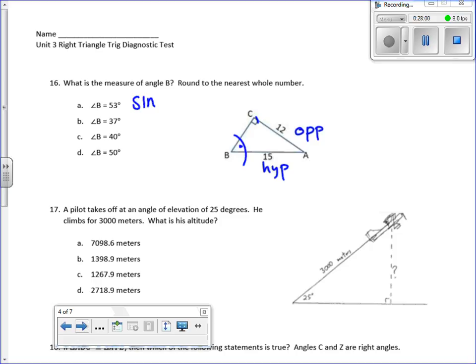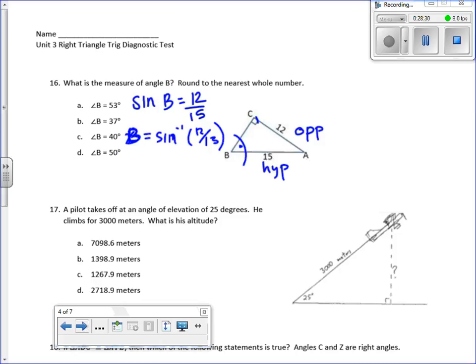That will be the sine of B equals 12 over 15. So in order to find the measure of the angle, that means we're using an inverse function. So that means that x, or b, since I used b, I'll stick with b, is going to equal the inverse sine of 12 divided by 15.